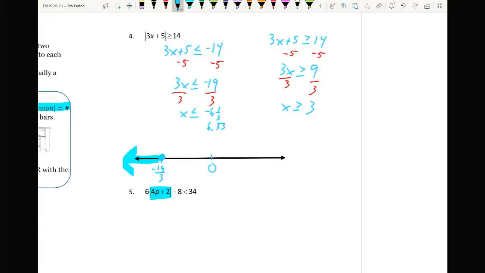So I jump over here to my 3. Equal to gets a closed dot, and greater than goes to the right, which means this is an OR inequality. So the way I'm going to write this is x is less than or equal to negative 19 thirds, or x is greater than or equal to 3.